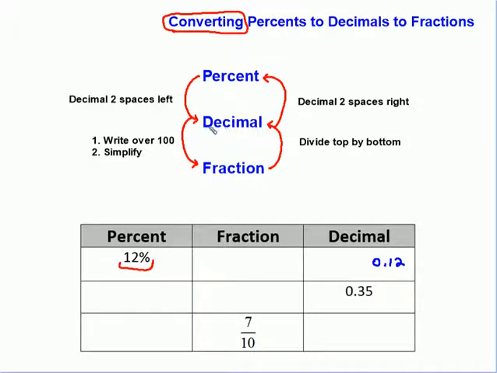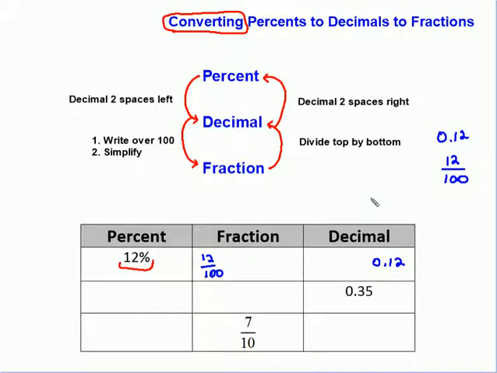Now, let's say I want to convert a decimal to a fraction. This is something we've actually done before. Remember that 0.12 is 12 100ths, and we can write that exactly like we say it as a fraction, 12 over 100.